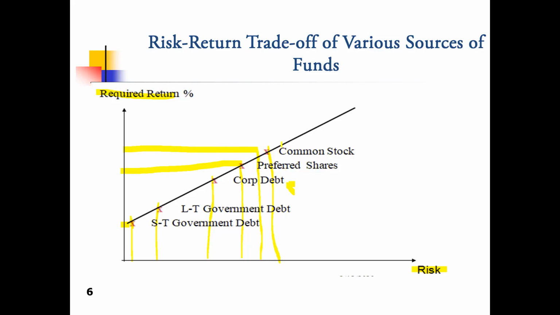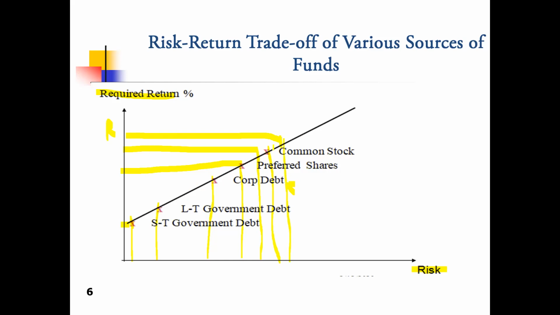If you look at the common shareholders, they are the residual owners. They bear the ultimate risk of bankruptcy. They have to wait until all the obligations are paid off. If something remains, then they can get it, otherwise they have to bear the risk. So they are exposed to high risk, and therefore their required rate of return is very high compared to the debt holders.